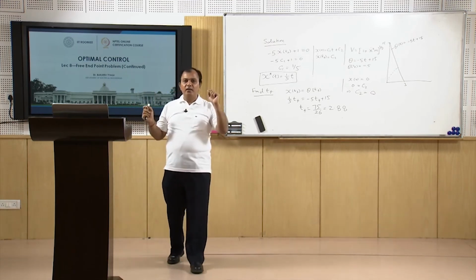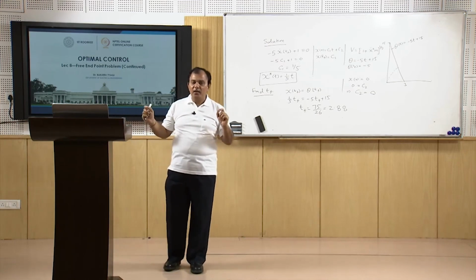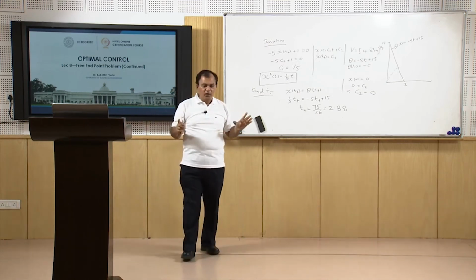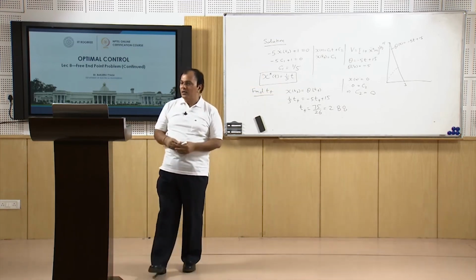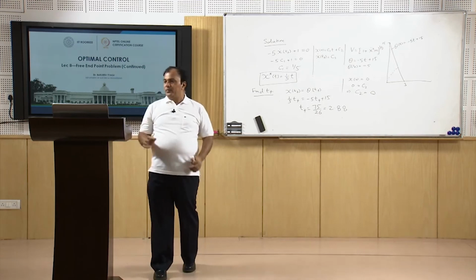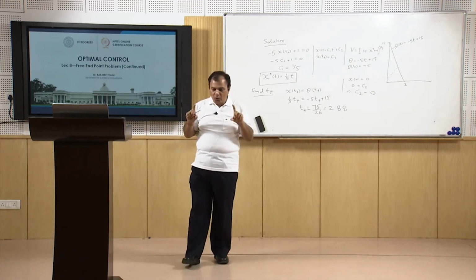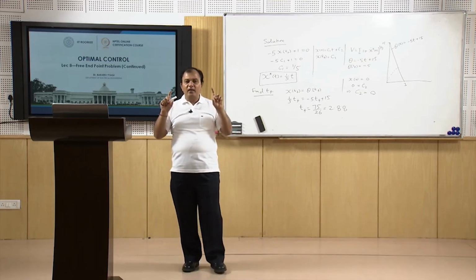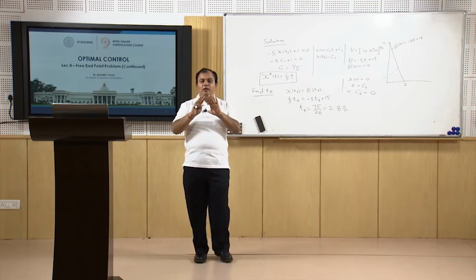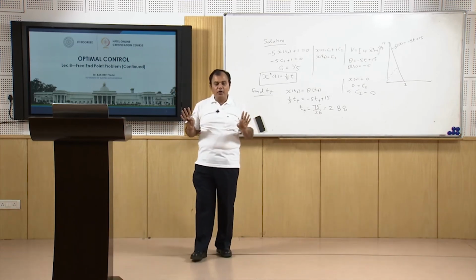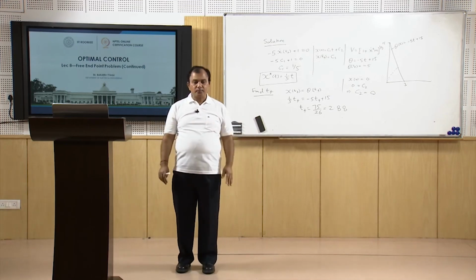The third, x tf is fixed, tf is free, and the fourth, when both are free. So, these 4 cases along with the example we have seen here. This is the free endpoint problem, when we are simply trying to extremize a given functional without any condition. In this case we have not considered any condition.